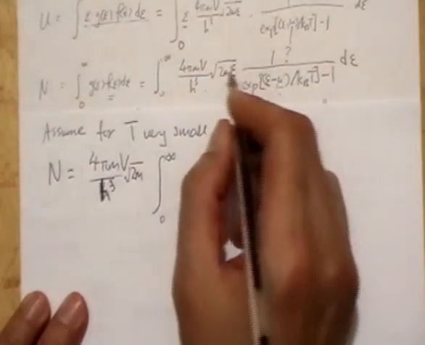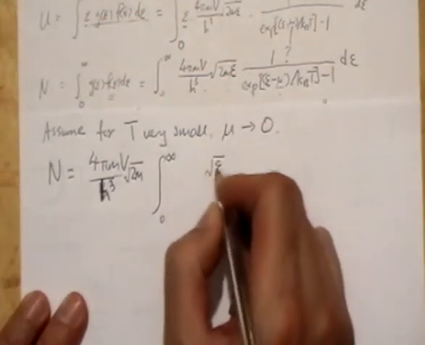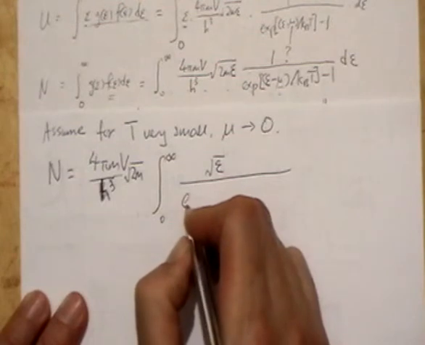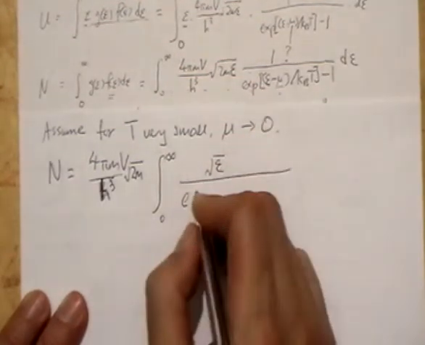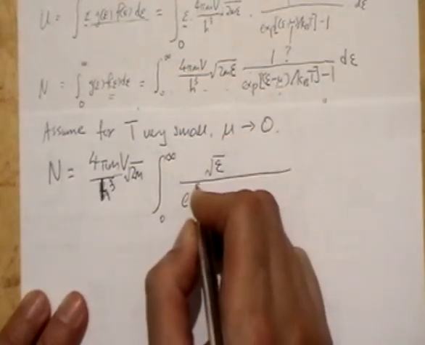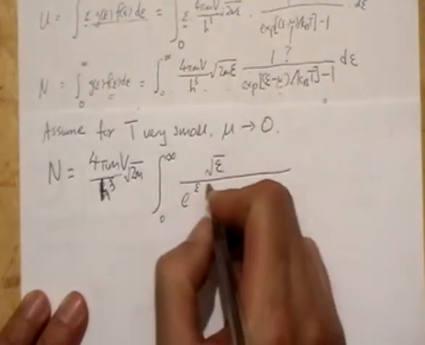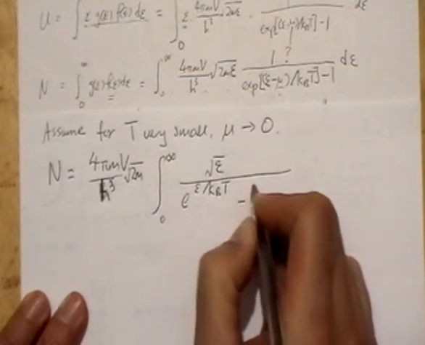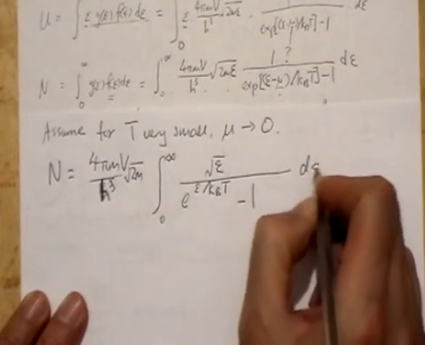It integrates from 0 to infinity. I have a square root of E up there. Now that would be e to the power of E, now mu has been set to 0, so e over kB T minus 1 dE. So that's what we have.